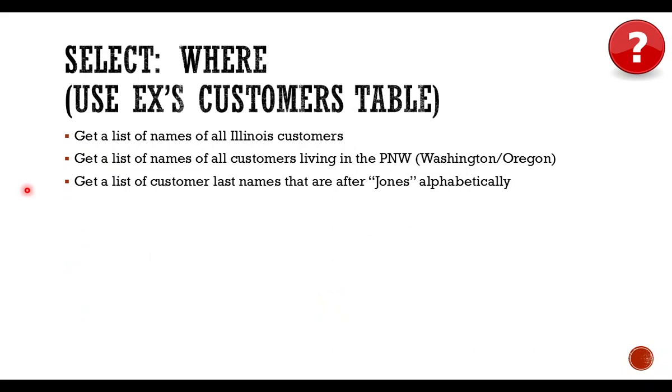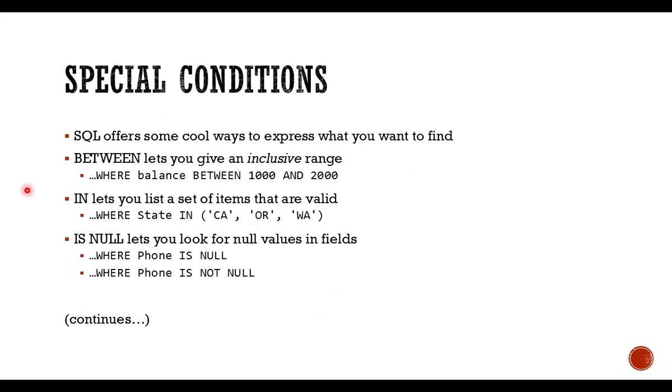Now let's move on to some special conditions that kind of distinguish SQL from some other languages. These are cool and different things, and that is you can use the word BETWEEN to do an inclusive range specification. So for instance, I want to see all the customers whose balance is BETWEEN 1,000 AND 2,000.